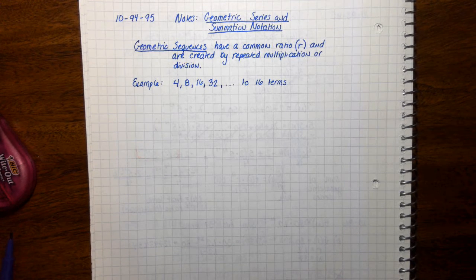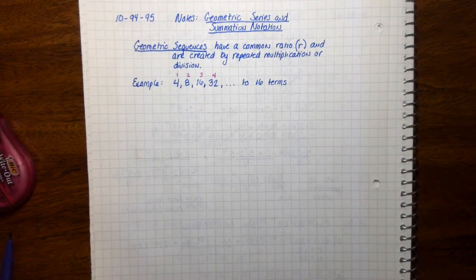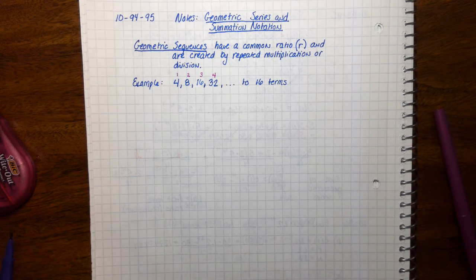Okay, so just to remind you, you have term 1, term 2, term 3, term 4. And this particular geometric sequence goes out to 16 terms. Just gets really big, so we don't keep going by writing them out.